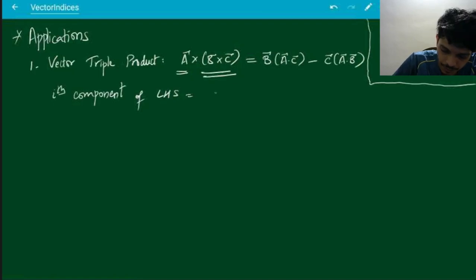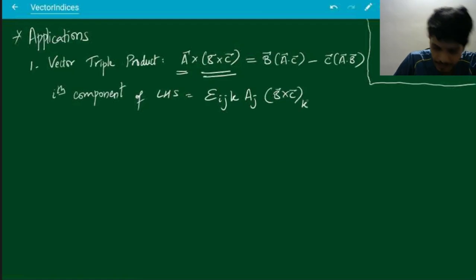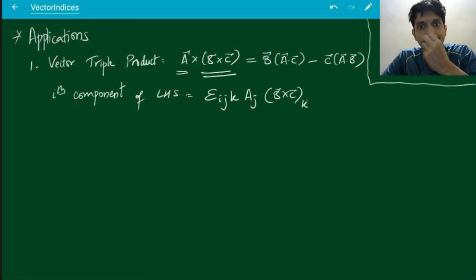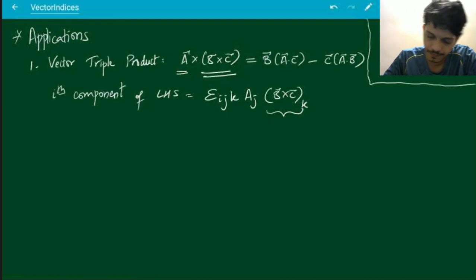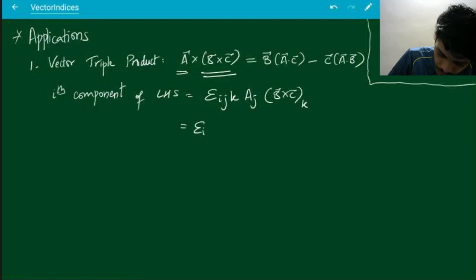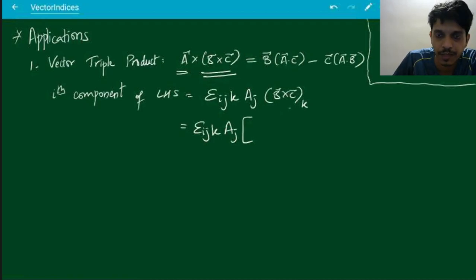So the ith component of this is epsilon ijk aj, and then this other vector k. And now because this is a cross product, I can further split this also. I'm going to keep everything else intact, and this becomes, what is the k component of B cross C?